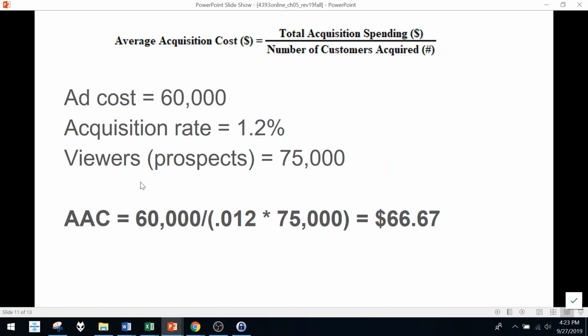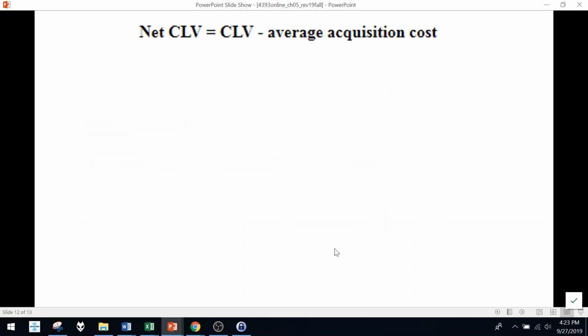Our average acquisition cost then becomes $66.67. So all you do is you take your acquisition rate, multiply it times the number of prospects. That number becomes the number of customers acquired. That becomes your denominator. So $66.67 is your average acquisition cost.